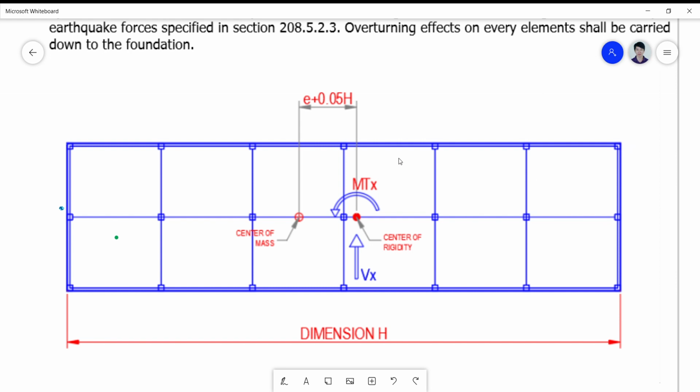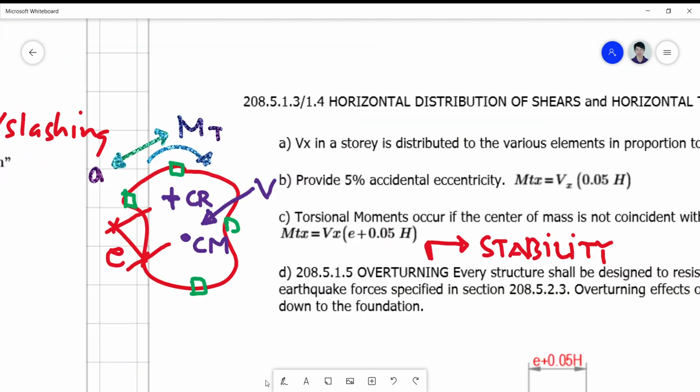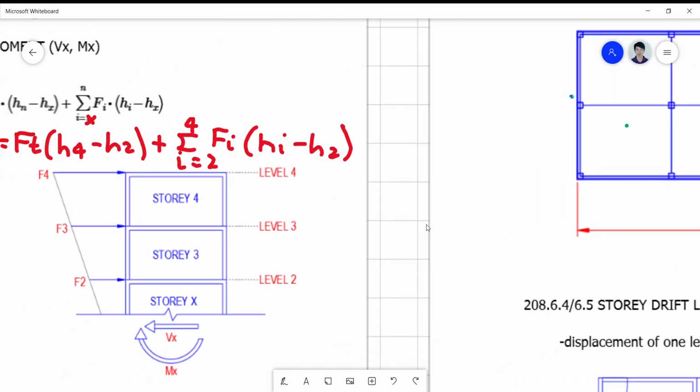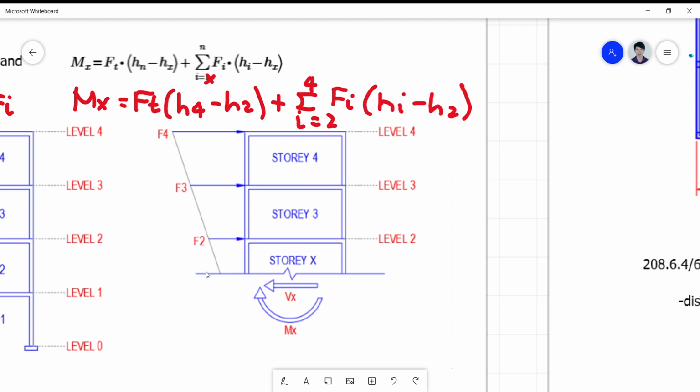This will tend to create a couple, in terms of the base shear multiplied by the total eccentricity, e plus 0.05h. That is the same as what I explained here on this free body diagram.